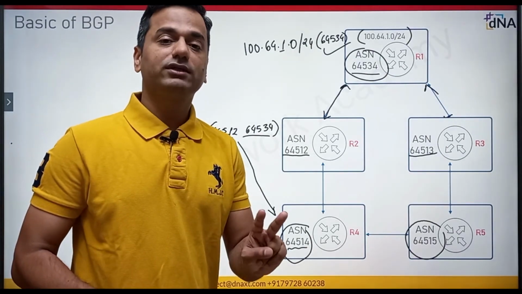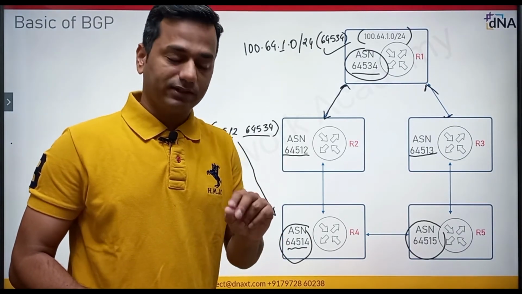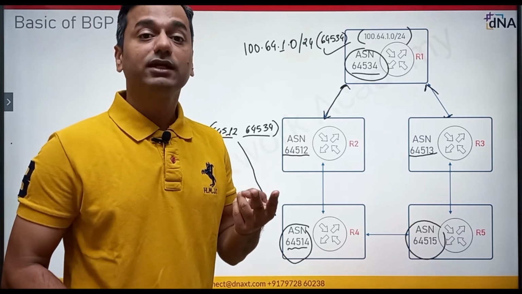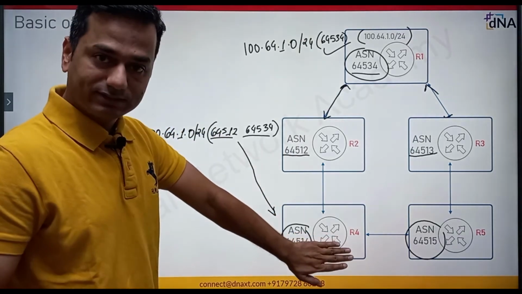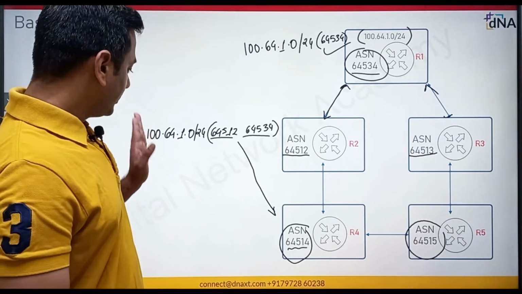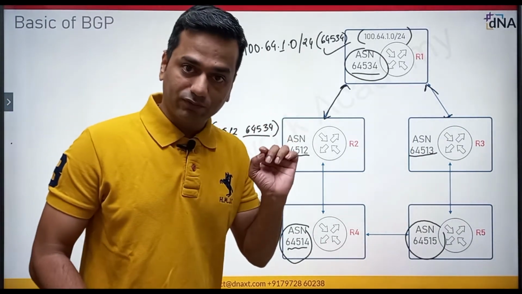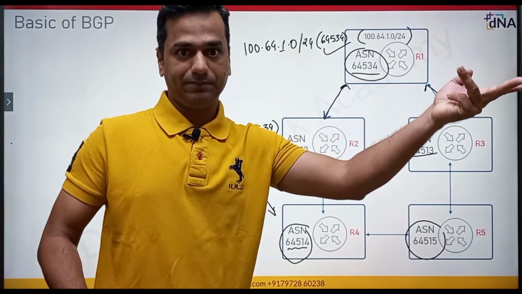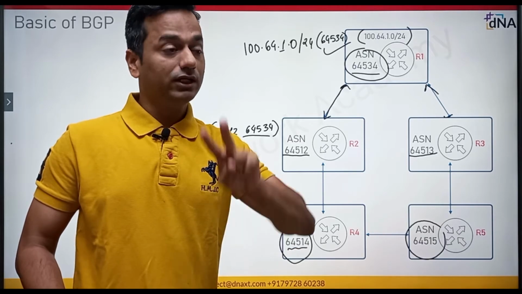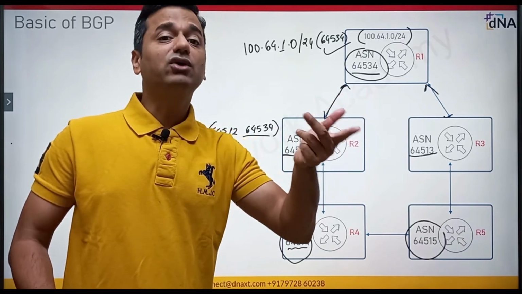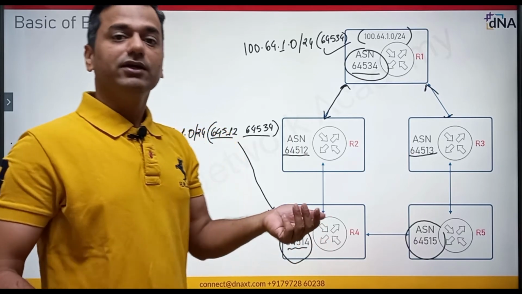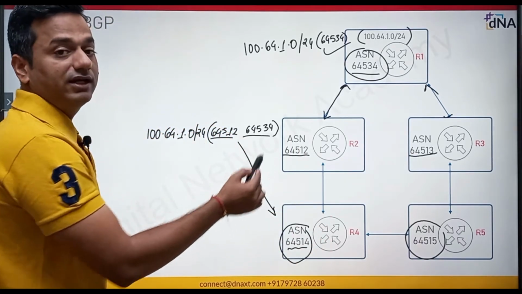So how many AS will I cross? Two AS. It means this network from AS 64514, 100.64.1.0/24, is 2 hops away. Right? Advanced distance vector protocol, right? Two hops away. Hop means AS, two paths away. So here we can say hop is an AS number.